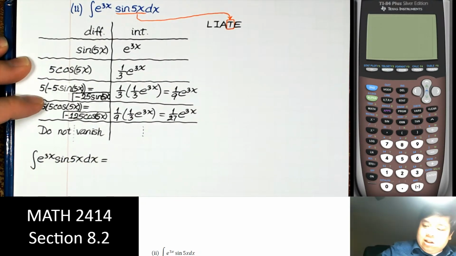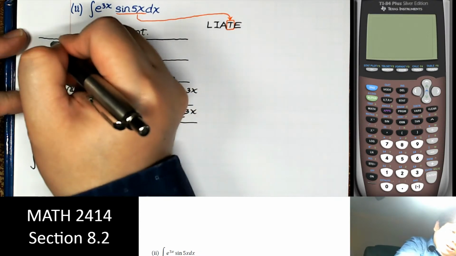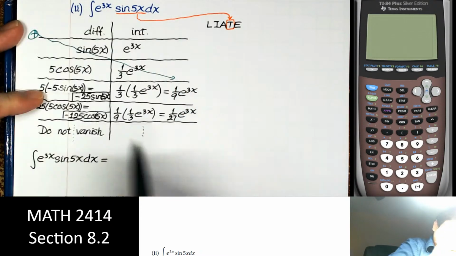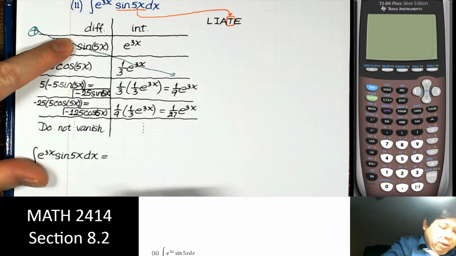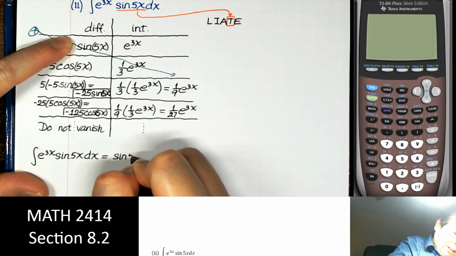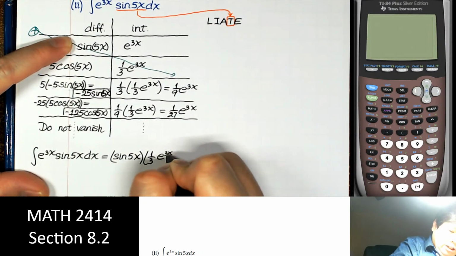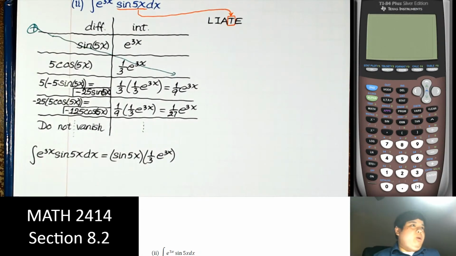Right, first, the product. Positive. We have sine of 5x and 1/3 e to the 3x. Right? First product.